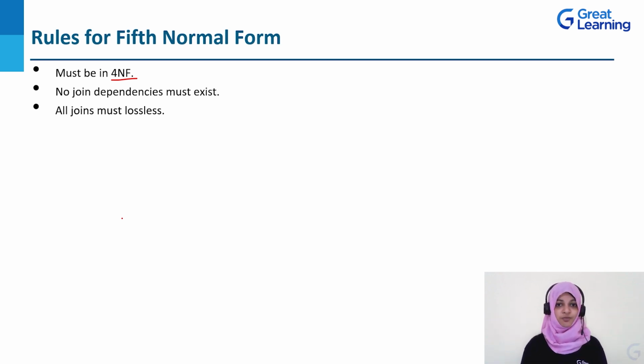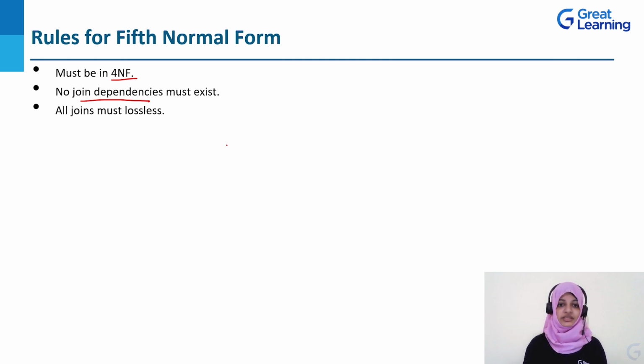Now, what is the extra stipulation here? That is that there should be no join dependencies if you have to actually have the entities in the fifth normal form. Now, no join dependencies is another way of saying that the entity that you finally get must be indivisible. Let us understand what join dependency actually is.